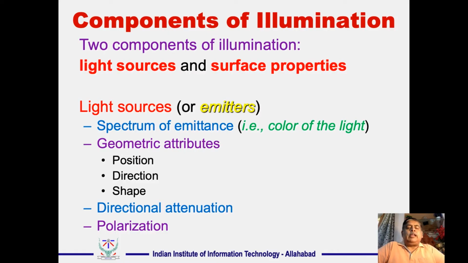It is possible that the illuminating source or the light source is not a point source but has a physical dimension, and because of the physical dimension there is a property of shadow which is created where you have an umbra and a penumbra.